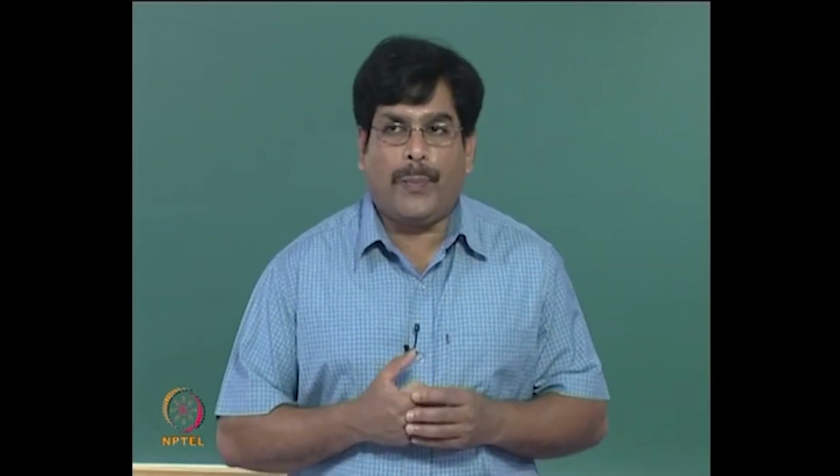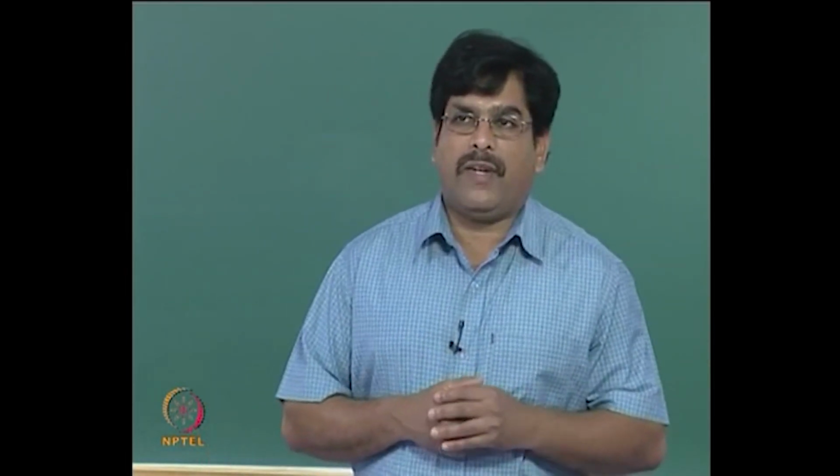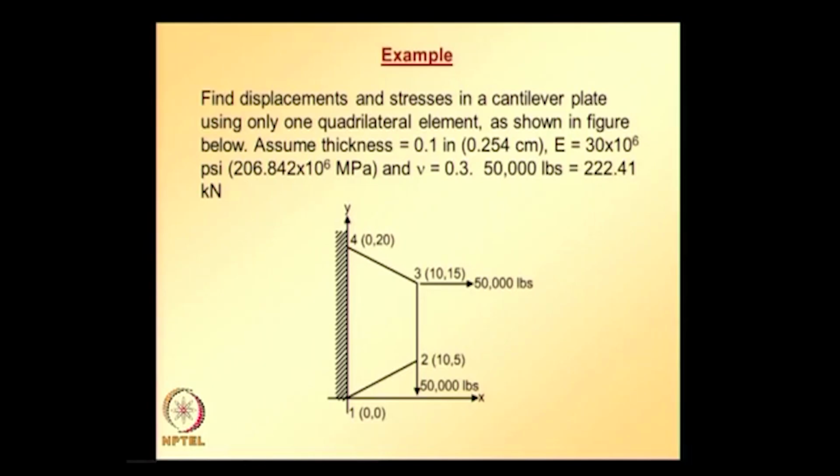Again, all the quantities are given both in FPS units and SI units, and since the quantities given in FPS units are round numbers, we will proceed with FPS units. It is not going to make much difference, because as long as we are consistent with the units we get the solution.